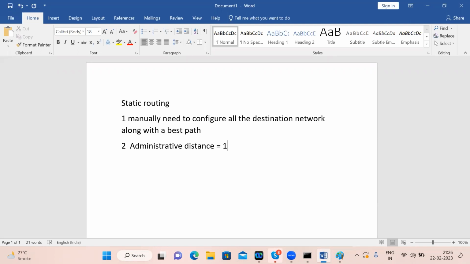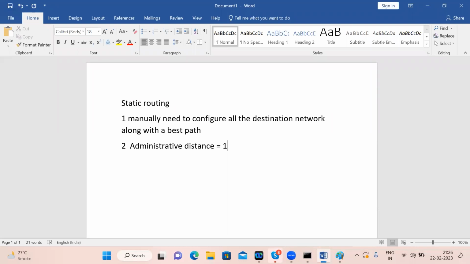You can configure multiple routing protocols as many as you want. For example, you have configured static routing, then RIP, then EIGRP, OSPF on the same router. On the same router, you can configure as many as you want, but it will prefer only one. It will give preference or priority to only one of the routing protocols.